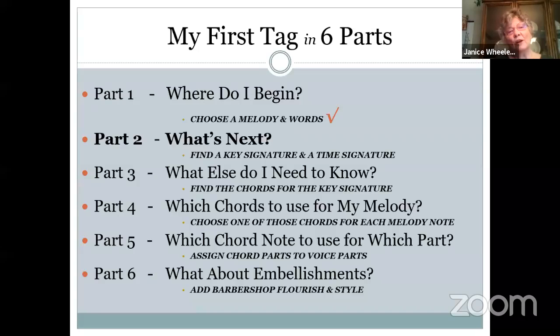So last time we chose that melody and word, and you learned how you can choose your own melody and word. And today we're going to find a key signature and a time signature for that melody of my first tag.